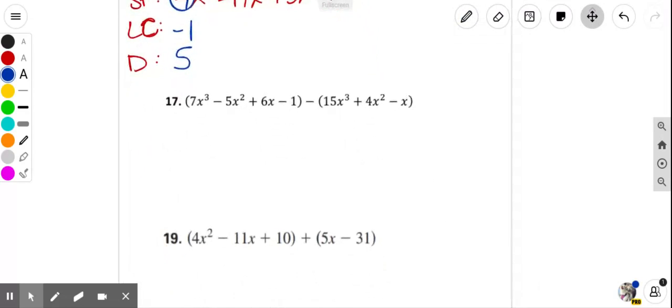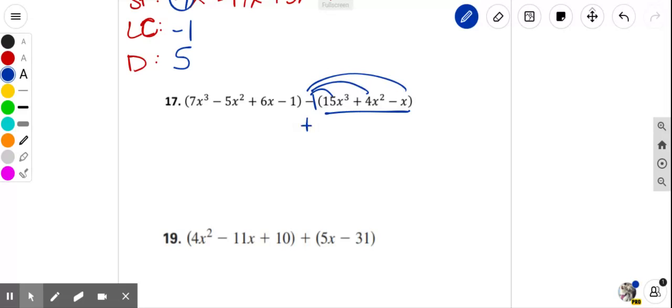Number 17 from your homework was the subtraction one. So just remember that this is really like a -1 in front of this polynomial. So you have to distribute this -1 to all three of them. So this is going to be negative 15x to the 3rd minus 4x squared plus 1x plus 1. Or you could just change that to plus and change all the signs, however you want to do it. I sometimes like to just rewrite it underneath so that it makes it super easy to see what their signs are.